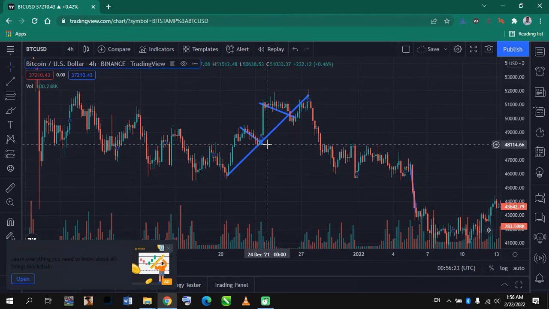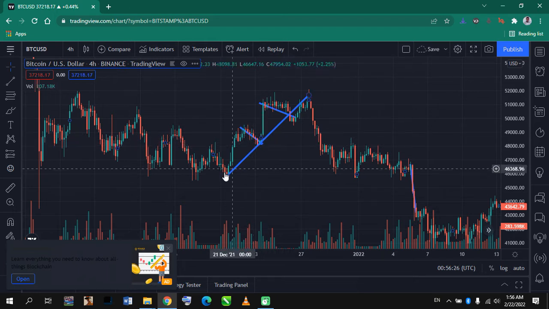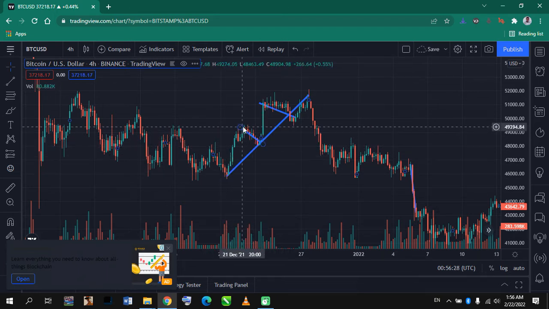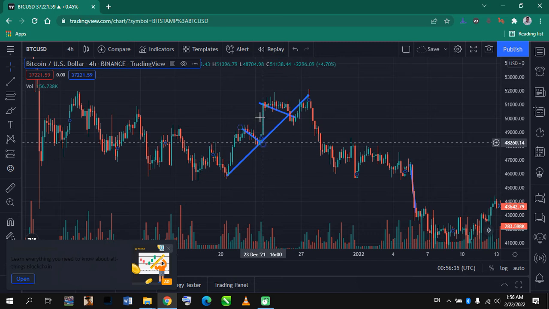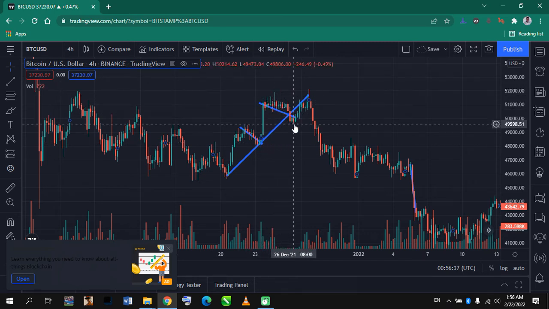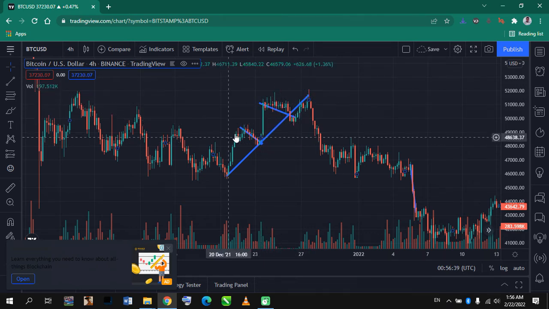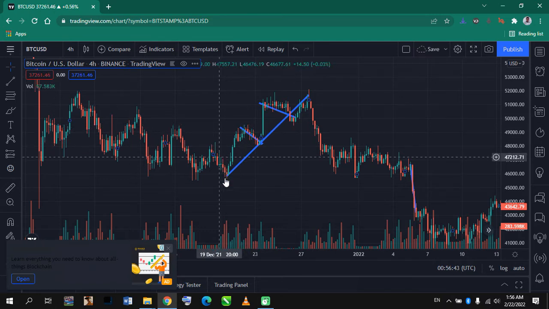The reason we call it a higher high is that when the candlesticks go high, it has to come down to this level, move higher, come back to this level, move higher. So everything that happened within this place is what we call the high, and this is the low.